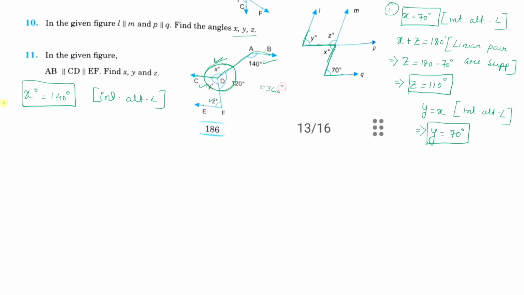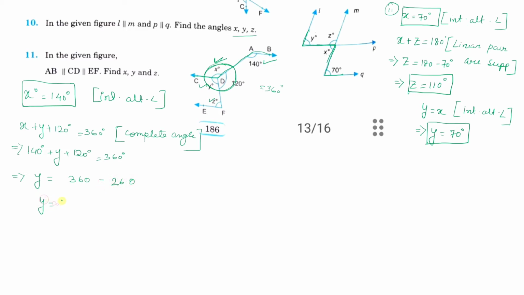So we can use the property here that x plus y plus 120 degrees is equal to 360 degrees. The reason will be complete angle. You know the value of x, that is 140 degrees. You have to find the value of y. So find it out. y equals 360 minus 260. So the value of y is 100 degrees.